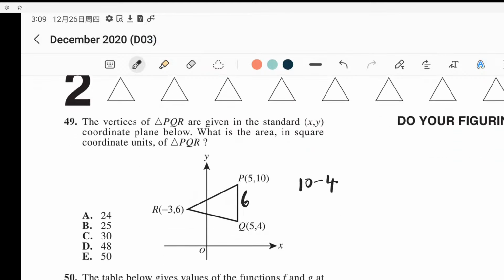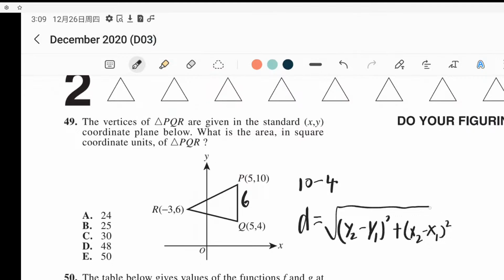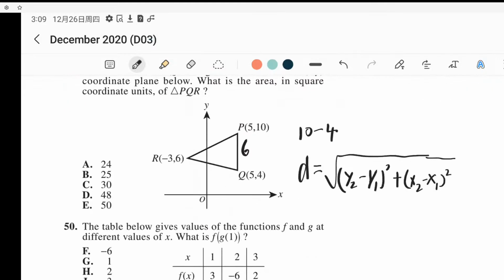So instead, we'll use a distance formula, which states that d equals the square root of y2 minus y1 squared plus x2 minus x1 squared.